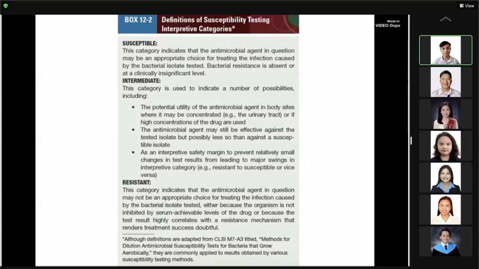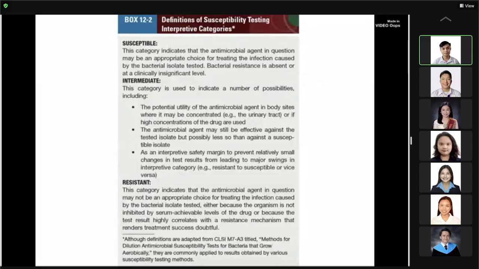If the result is resistant, the zone of inhibition is equivalent to resistant. So there is still a zone of inhibition, but based on their observation, it is not clinically effective. So the classification is resistant, and it may not be the appropriate choice for treating the infection caused by the bacterial isolate.